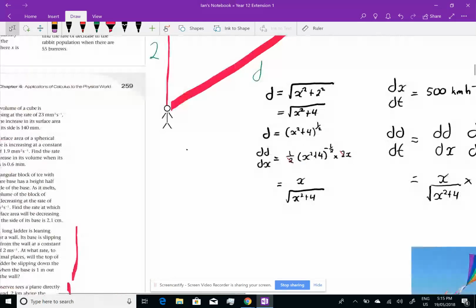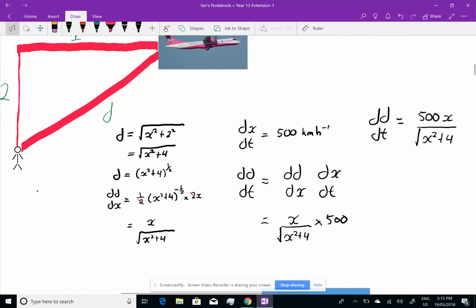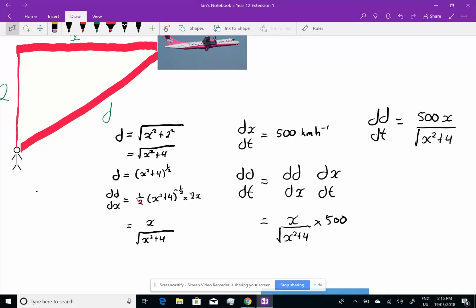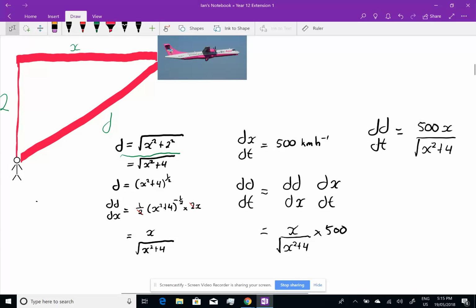We've got it all in terms of x, but I can find D given x. So when the distance is 5, D equals the square root, I'm going to put 5 in: 5 equals the square root of x squared plus 4.